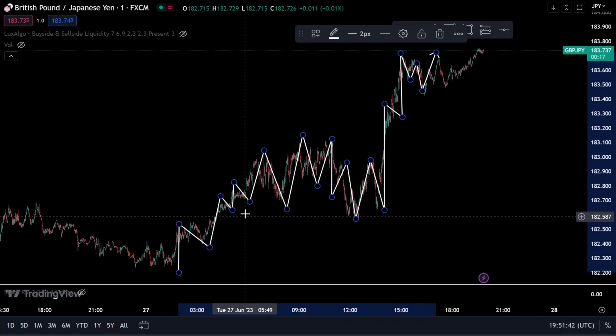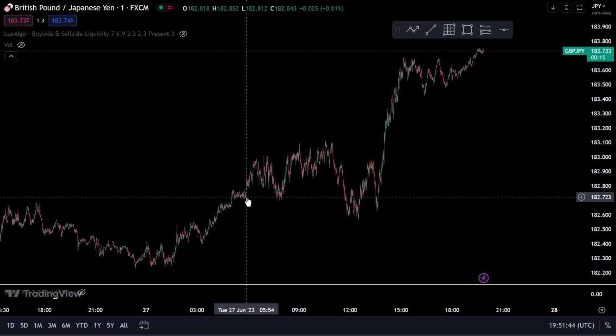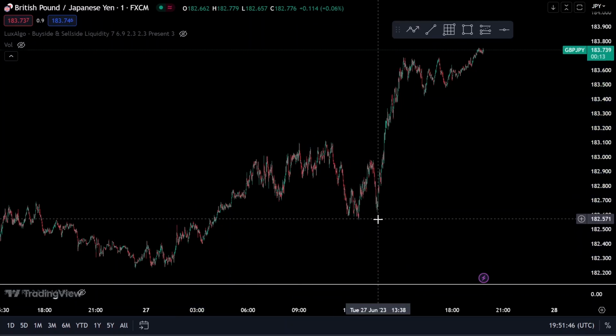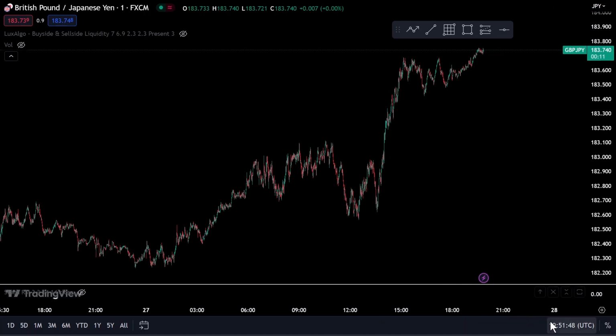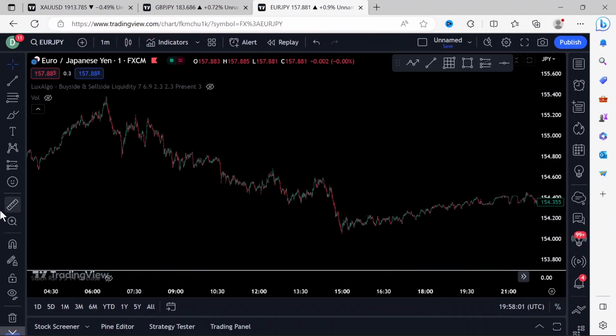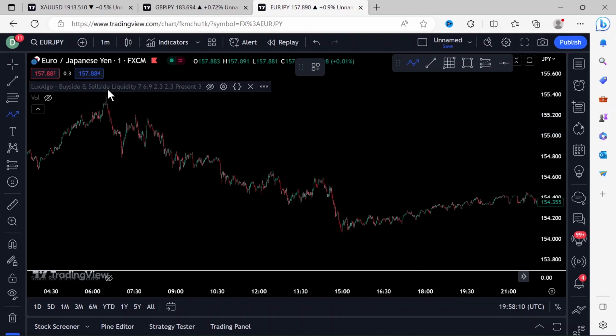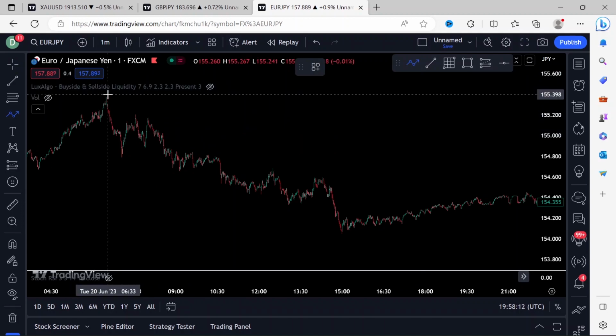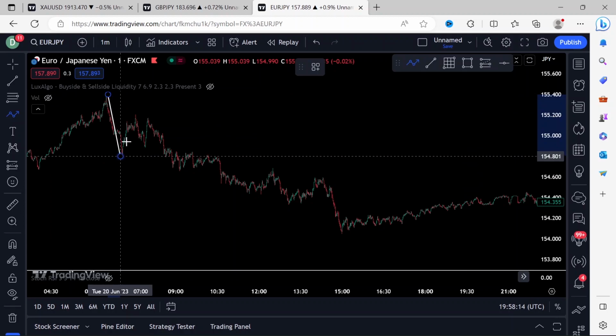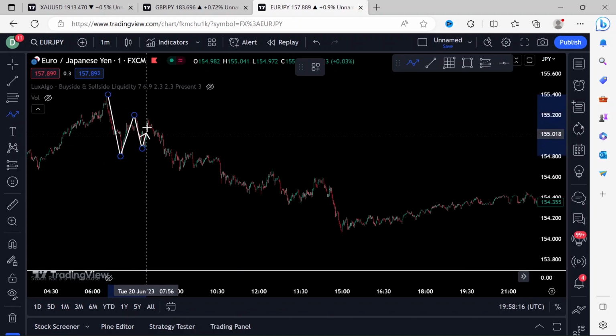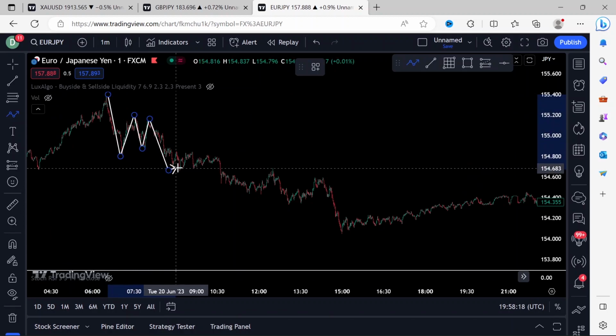So let's go and find markets which can be in a downtrend. For a downtrend market, now on the Euro JPY on the 1 minute time frame, you can see that this Euro JPY is making a series of lower highs, lower lows, lower highs, lower lows, lower highs, lower lows.